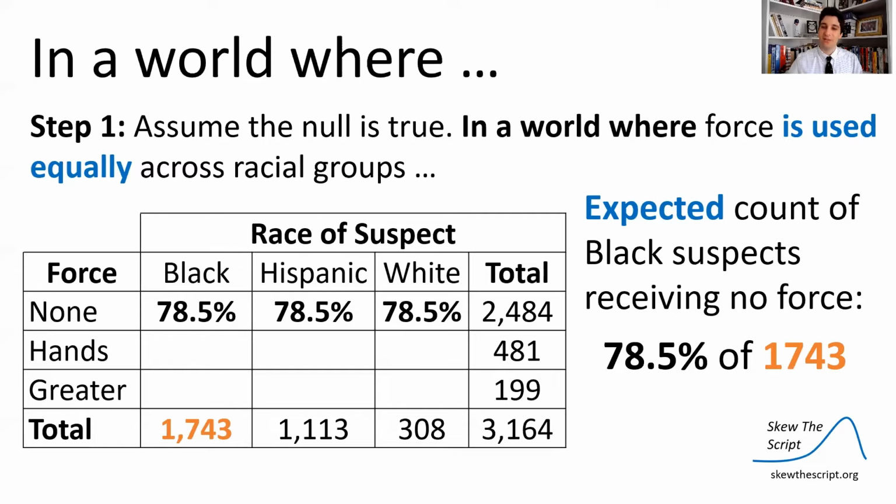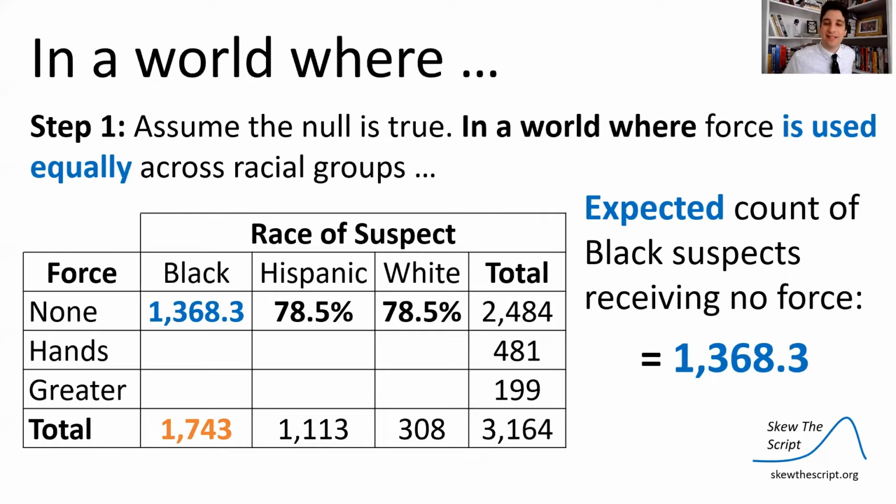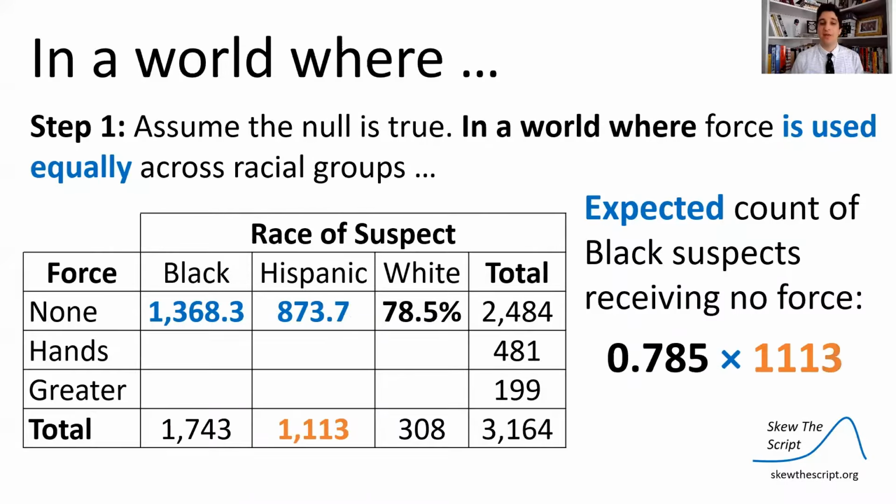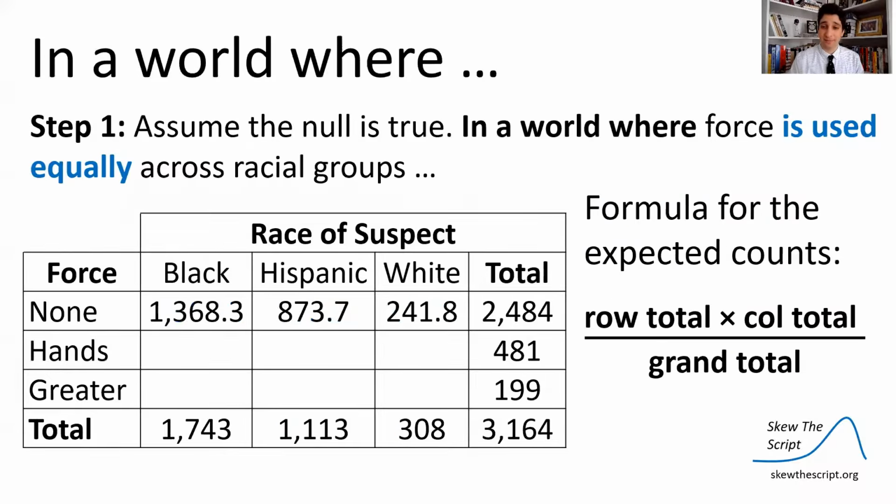We need to find 78.5% of the 1,743 black suspects stopped. That's 0.785 times 1,743, and that's about 1,368. We expect 1,368 black suspects to receive no force given how many were stopped. And we can do that for each racial group here. For Hispanic suspects, we get this number. For white suspects, we get this number.